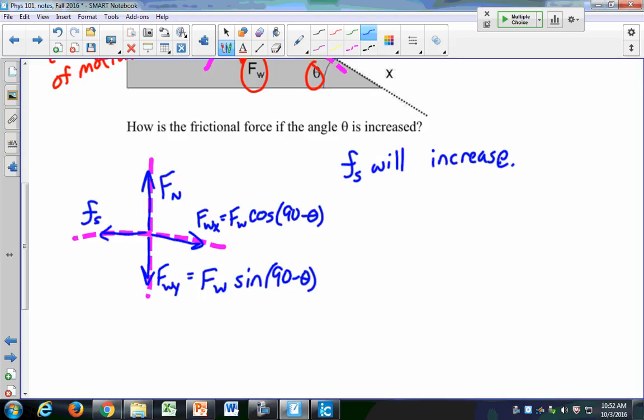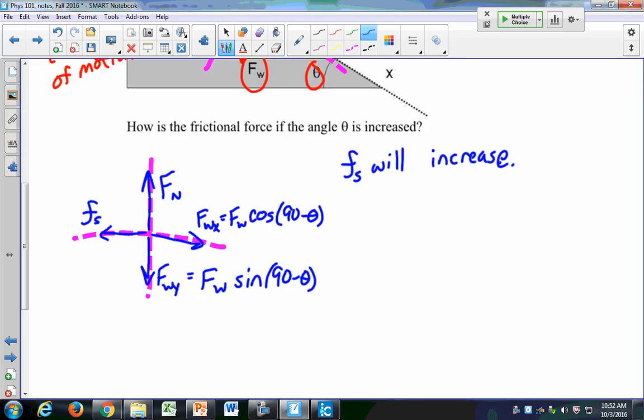Remember how we talked about if I push this with 10 newtons, the static frictional force is 10 newtons. If I push it with 15 newtons, the static frictional force is 15 newtons. In a similar way here, as I have my inclined plane and it goes up, up, up, the static frictional force will need to increase in order to hold it in place.